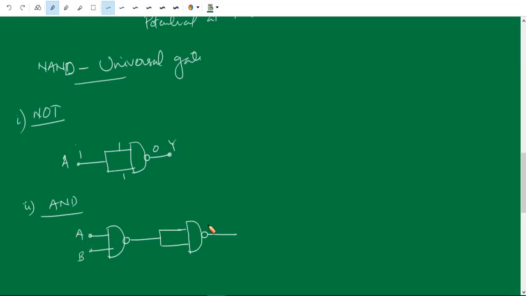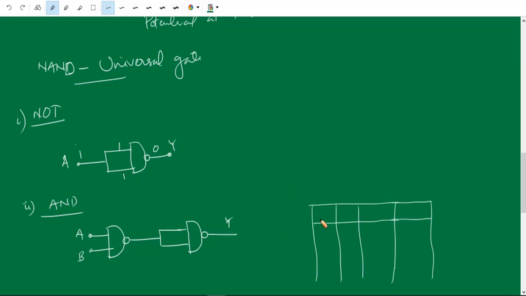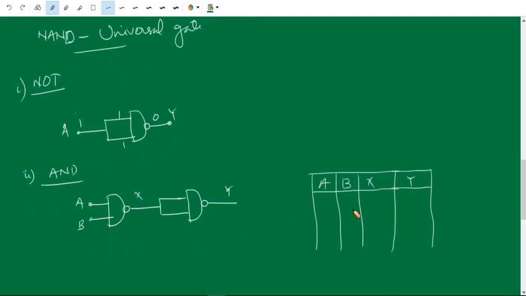A, B and Y. So here the output of this gate will be like this, okay, A, B. So let me put this as X and this is Y. So the first output of the NAND gate is X and the final output is Y. So the combination of inputs are 0 0, 0 1, 1 0, 1 1.